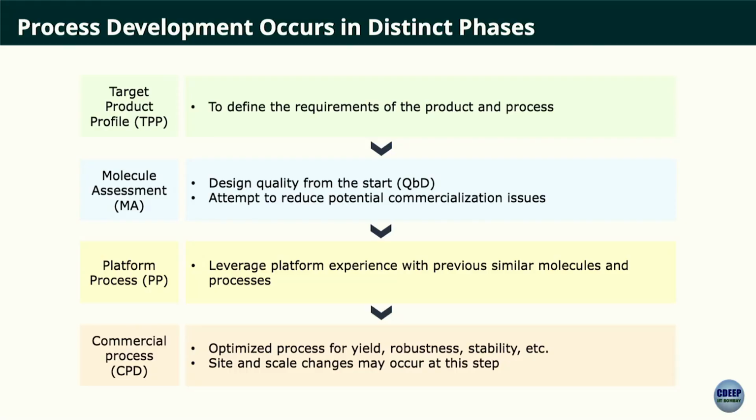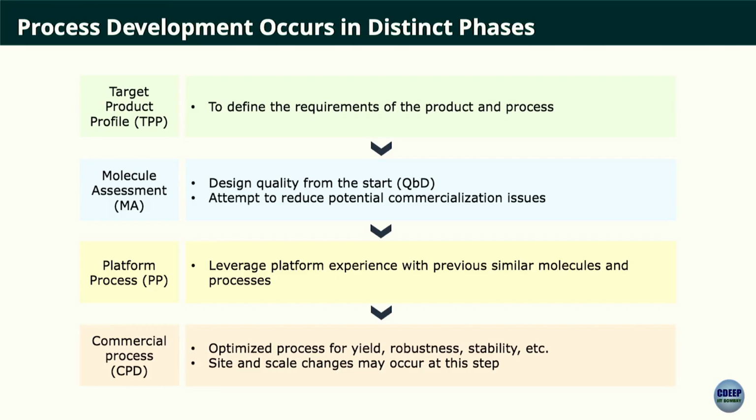So, leverage platform experience with a previous similar molecule or process to have a robust platform process developed. And finally is commercial process. So, optimize for yield, because this is very important. Always, as a commercial organization, one has to think कितना कम पैसे में कितना ज़्यादा हम डेवलप कर सकते हैं. ये बहुत ही इम्पोर्टेंट है, राइट.